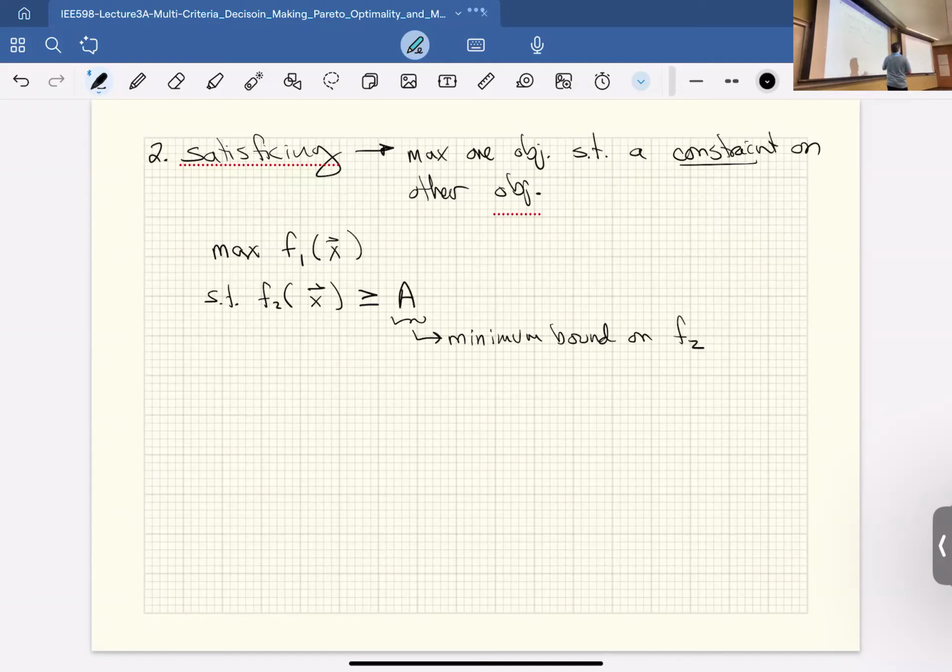So here I'm saying, I really care about maximizing my profit. As long as the weight on my back is less than, I don't know, 30 pounds, then I'm okay with that. If you can get even less than 30 pounds, if you can get 20 pounds, that's great. If that's possible, I want a 20-pound bag on my back that maximizes my profit.